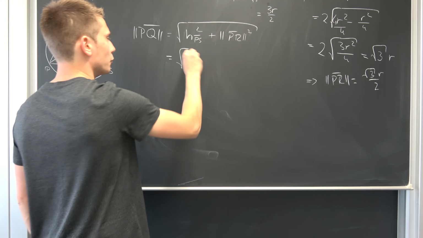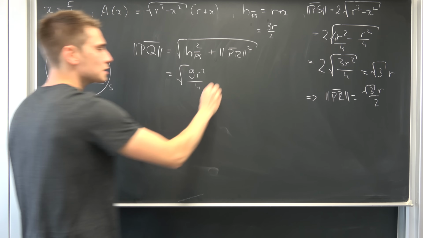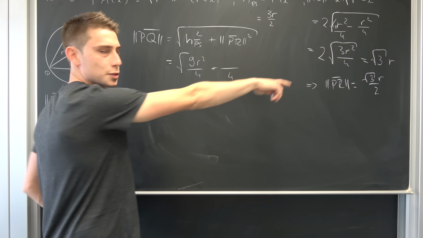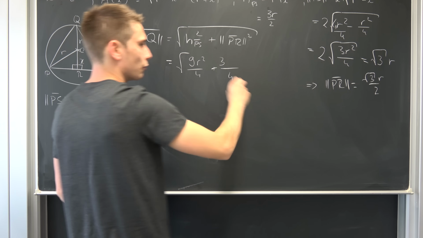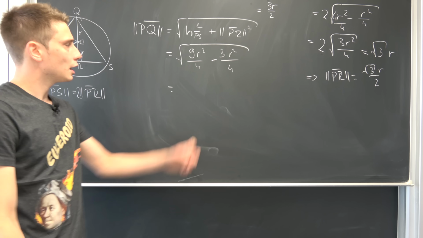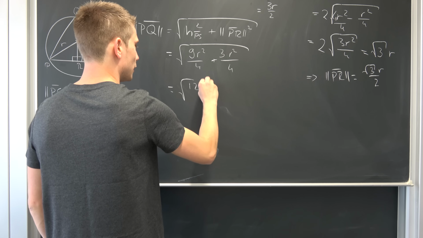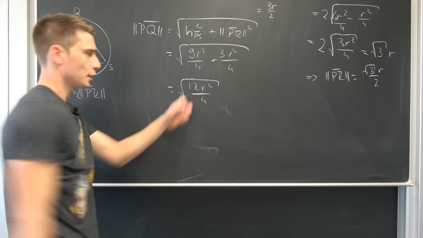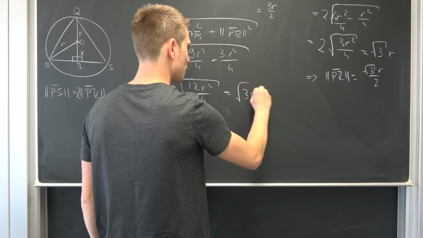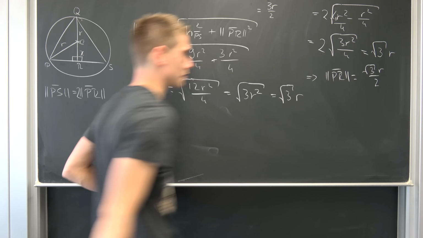Well, this is square root of 9r squared over 4, plus, positive, okay, so we have something over 4, and then we have square root of 3, but squared is just 3, and r squared. Okay, coolio. And this is nothing but square root of 12r squared over 4. That's going to evaluate to square root of 3r squared. And this is nothing but square root of 3 times r.